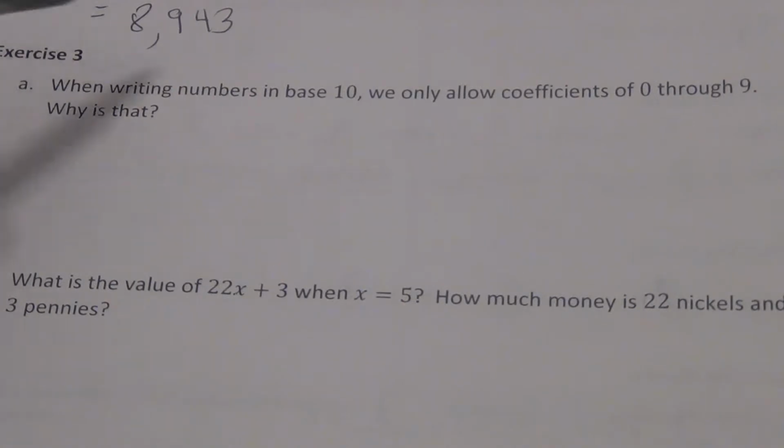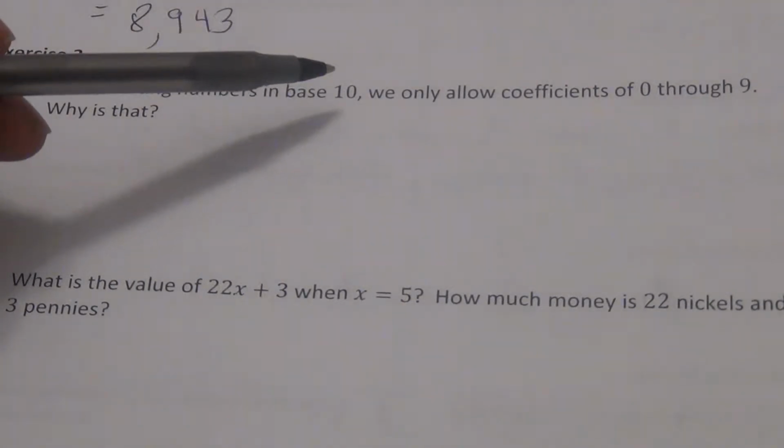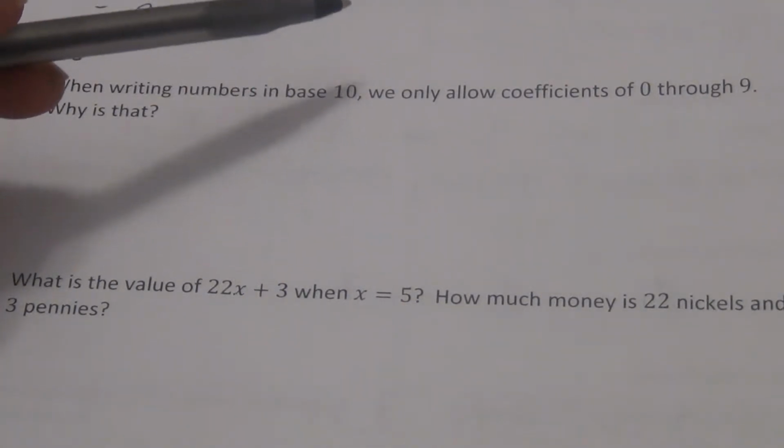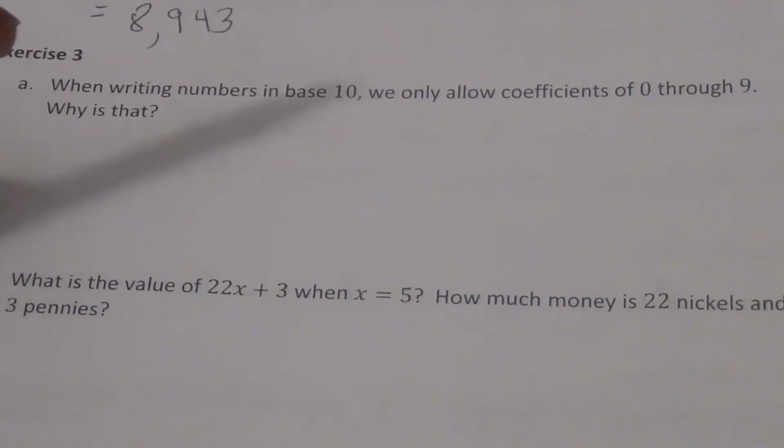When writing numbers in base 10, we only allow coefficients of 0 through 9. Why is that?